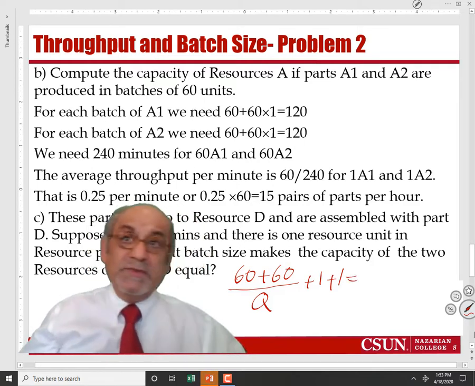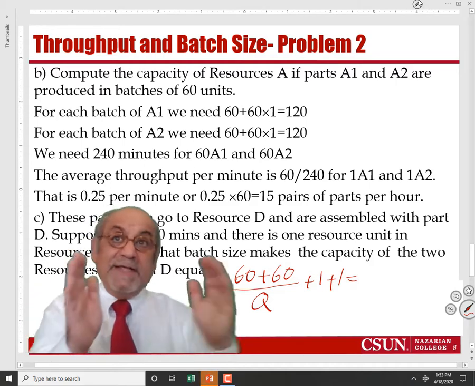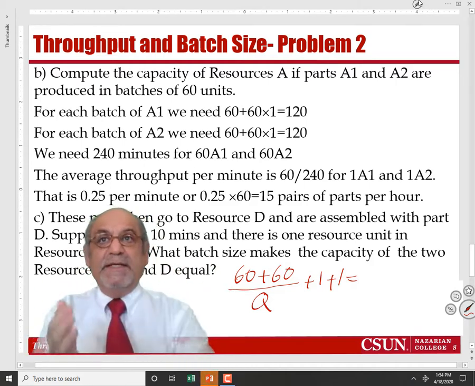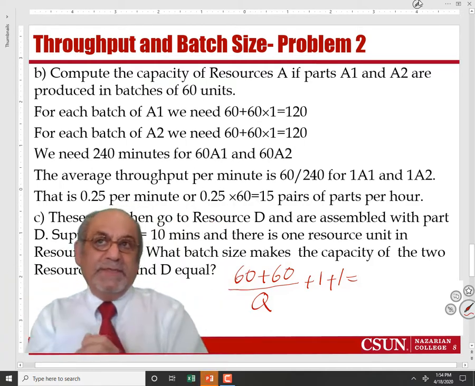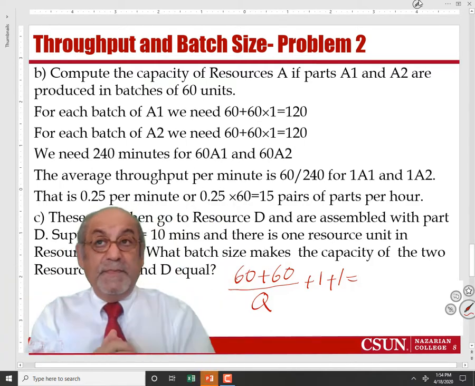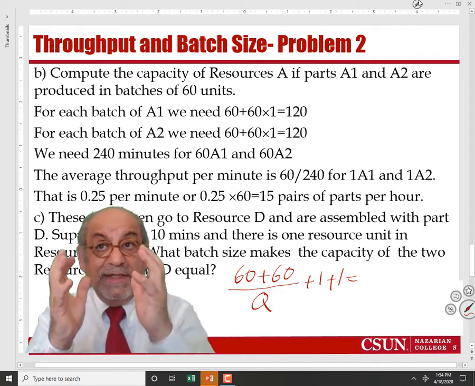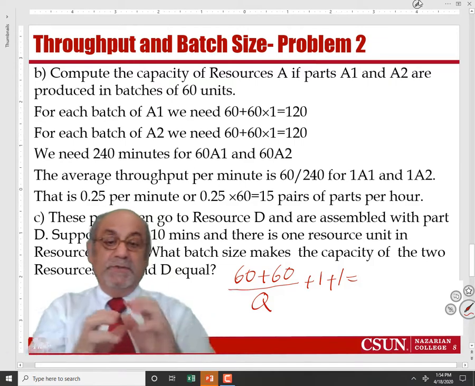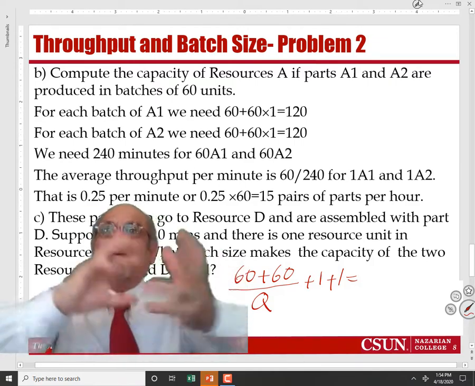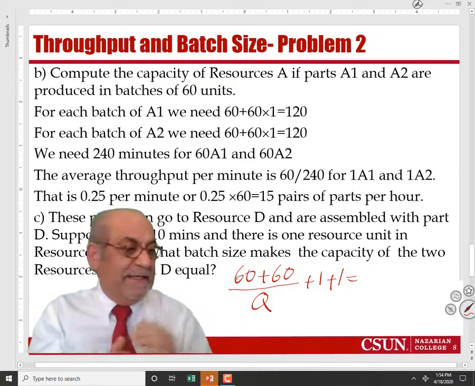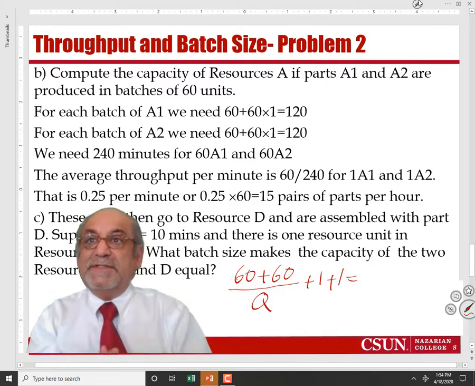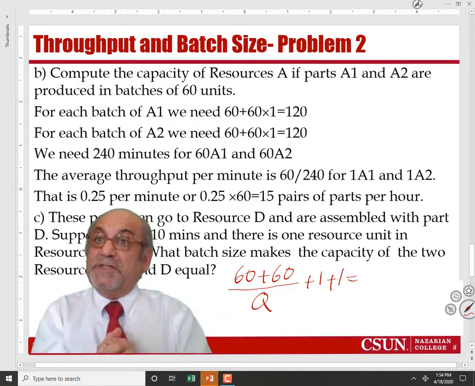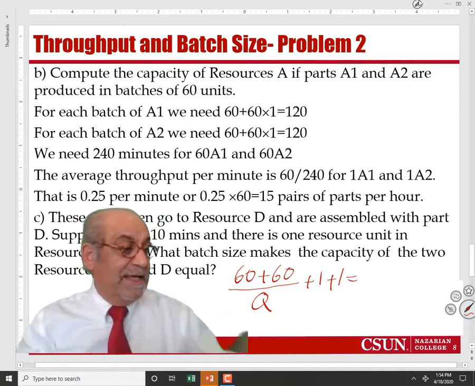Therefore, the average cycle time to produce 1 A1 and 1 A2 to be assembled with D is 60 plus 60, which is 120, divided by Q, plus the actual production time of those two.